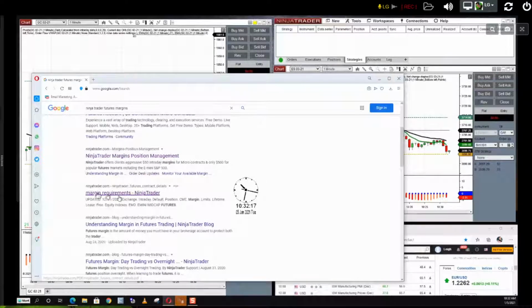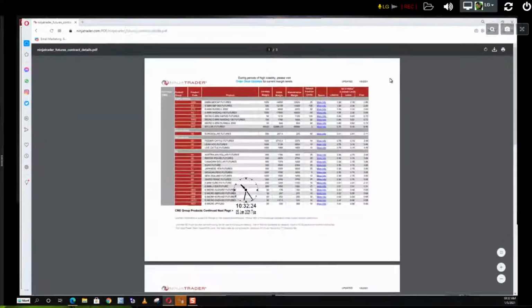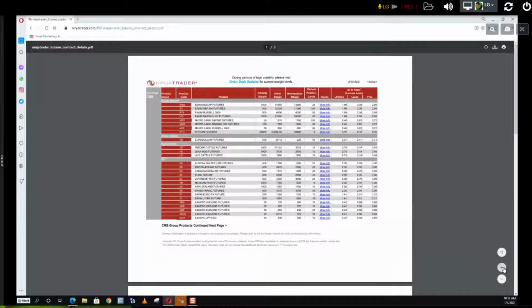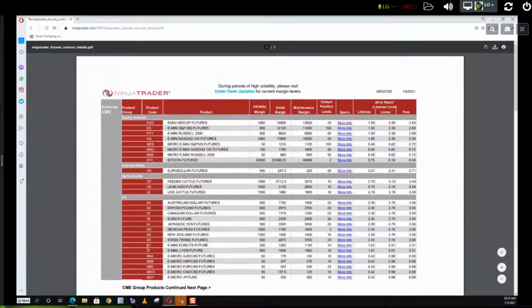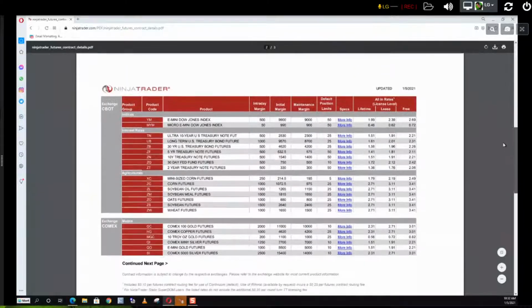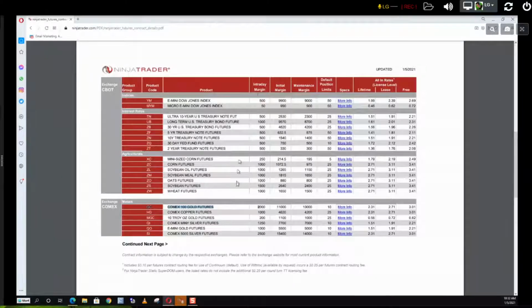Or it might even be margin requirements. Let's take a look. So you get this page, make it bigger so you can see it with the plus sign. Scroll down until you find gold, GC. Here's GC. We're trading it. Intraday margin, unless the broker tells you something different. So today you need 2,000 plus extra money.